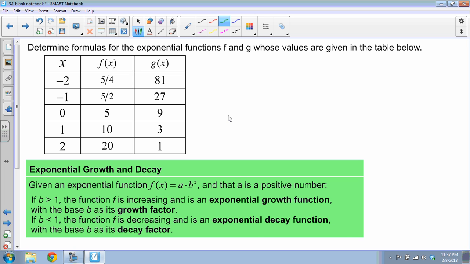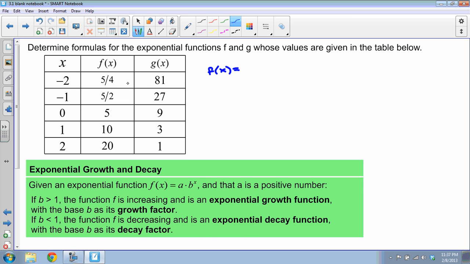Next, determine the formulas for the exponential functions f and g whose values are given in the table below. So let's start off with f of x. The way we do this is we look at two things.